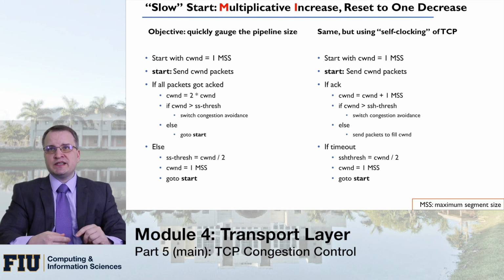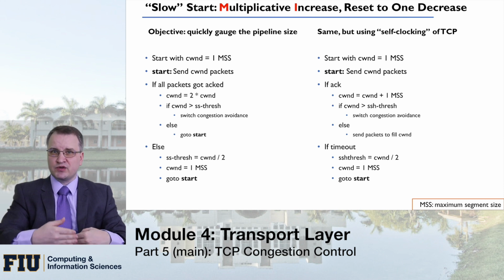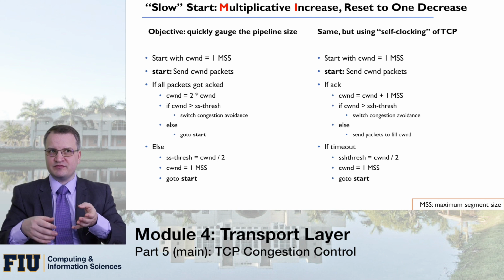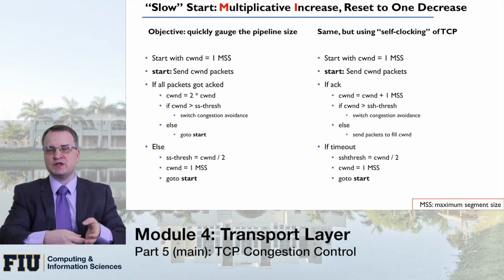What I'm showing you on the right side is a slightly different way of accomplishing the same thing as the slow start. So instead of clocking on the round trip scale, instead of sending the batch, waiting for the whole batch to arrive, and then deciding at that point and sending a new batch, you can actually clock the whole system based on just a single packet.